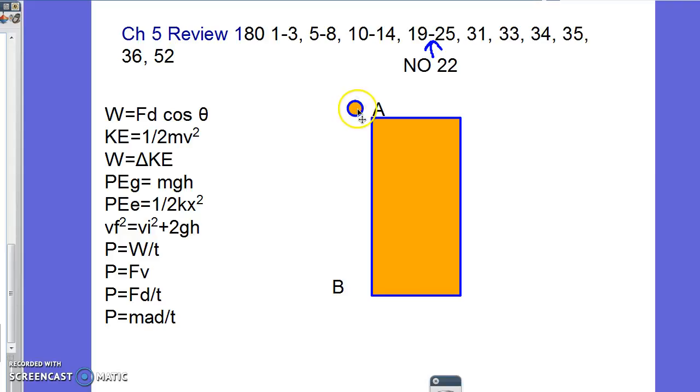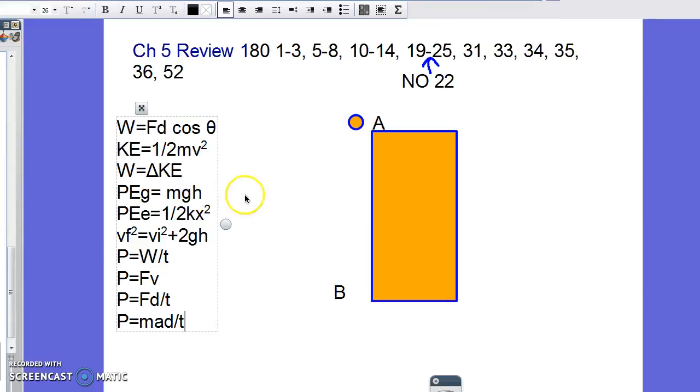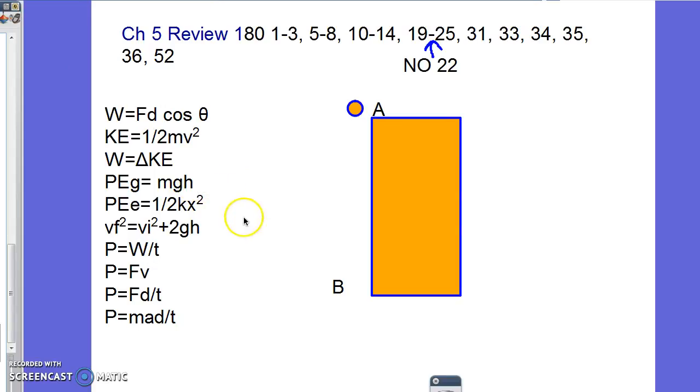Well, if letter A considers their position to be 0, they're going to think it has no potential energy. However, letter B is going to see the ball as having some height, and therefore some potential energy, so they will not agree. The change in potential energy. Now here's where they'll have an agreement.